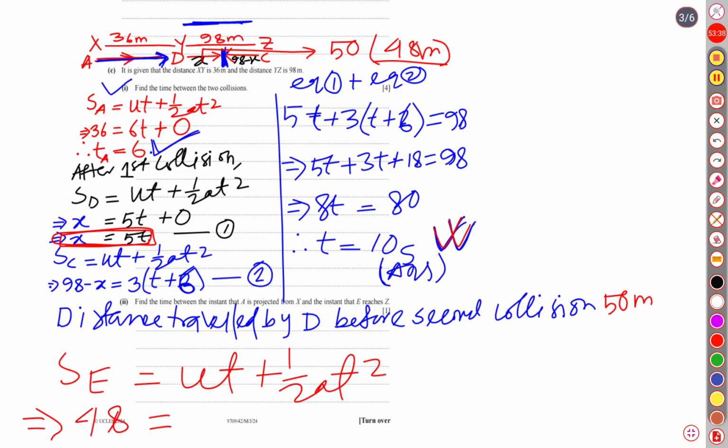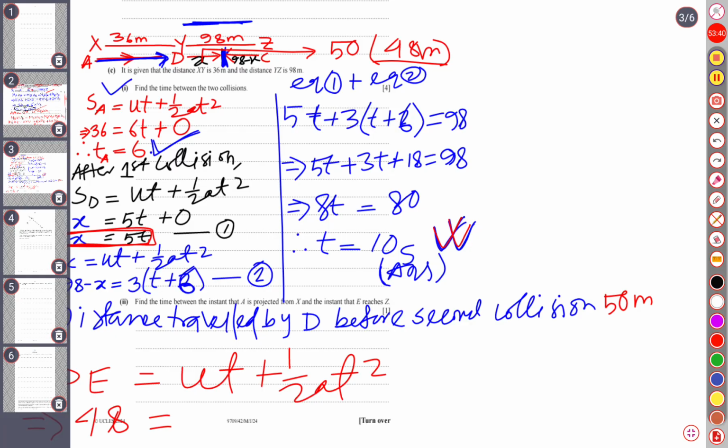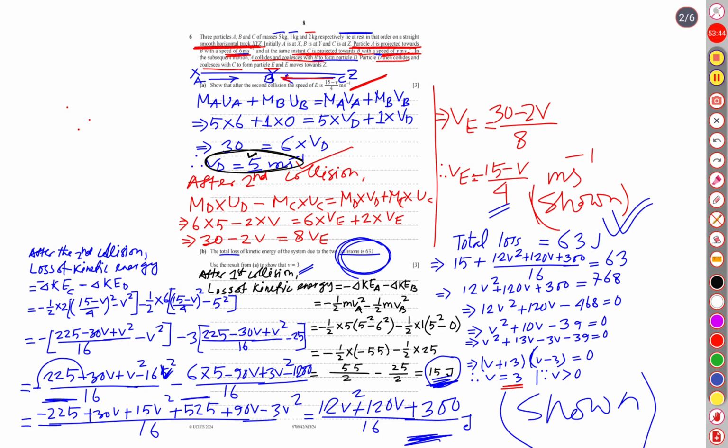And the initial velocity of E, let's go back to this. The velocity of E was (15 minus V) over 4. V was found to be 3, so 15 minus 3 means 12, and 12 over 4 means 3.